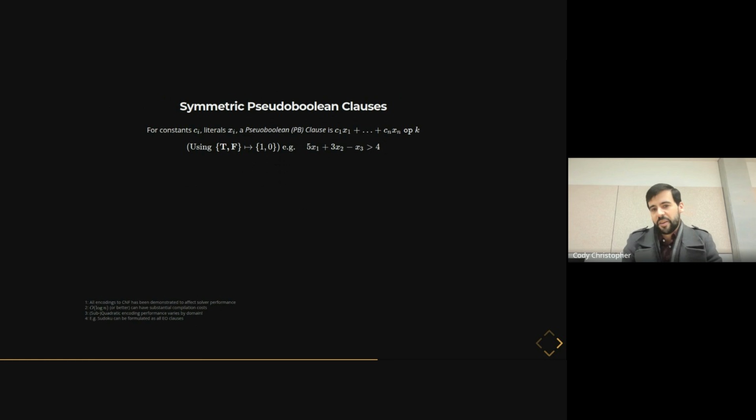And the expression here, 5x1 plus 3x2 minus x3 is greater than 4, is an example of a pseudo-Boolean clause. This can be converted into CNF. The conversion is not necessarily nice or pretty, but it can be. And in this particular case, one example satisfying assignment would be x1 is true, while x2 and x3 are false. And if you play around with that, you'll find other assignments will be greater than or less than 4.